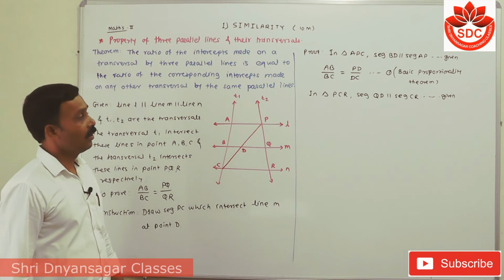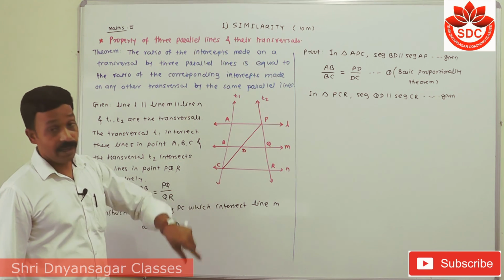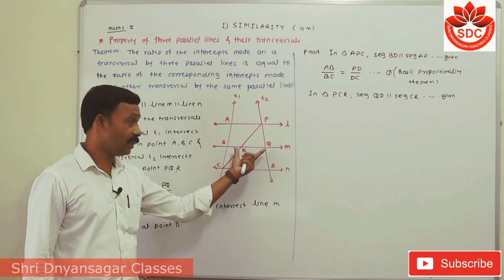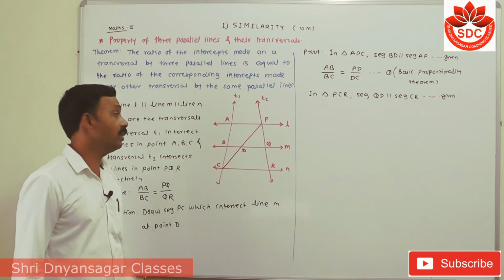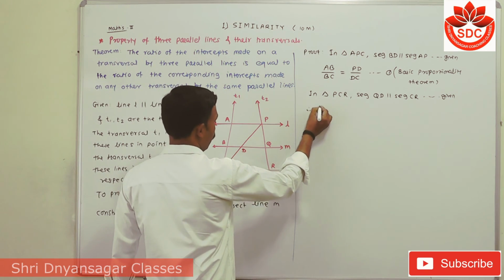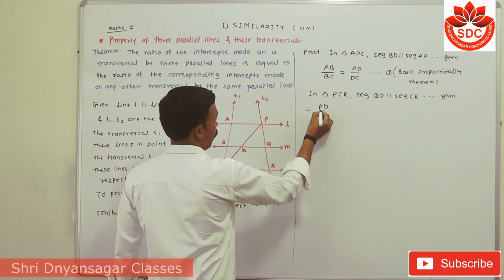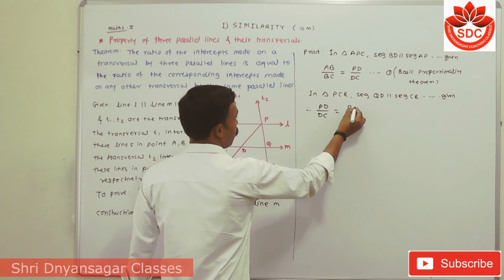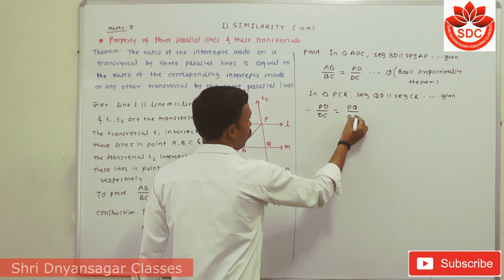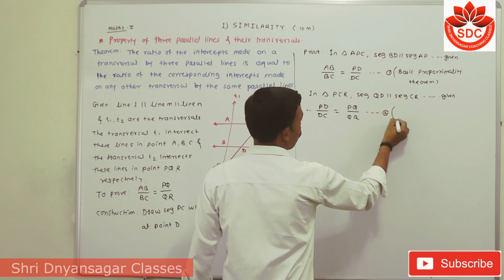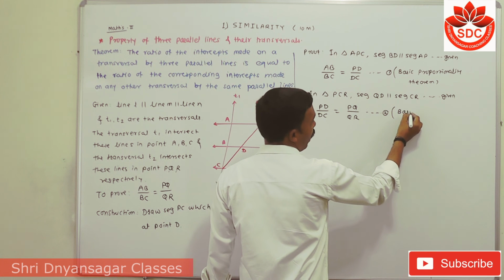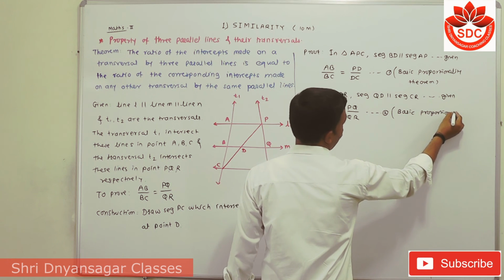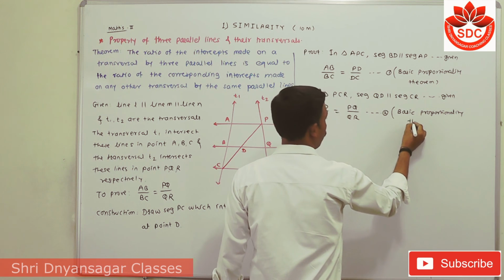Now we use the basic proportionality theorem again, because this is parallel to a side which intersects the remaining two sides in two distinct points. So we write PD upon PC is equal to PQ upon QR. This is equation number second. The reason is the basic proportionality theorem.